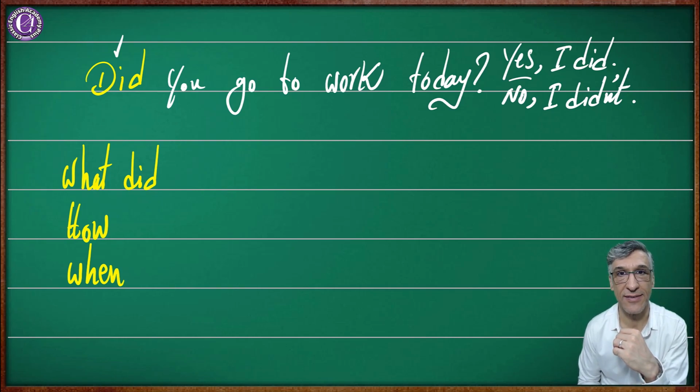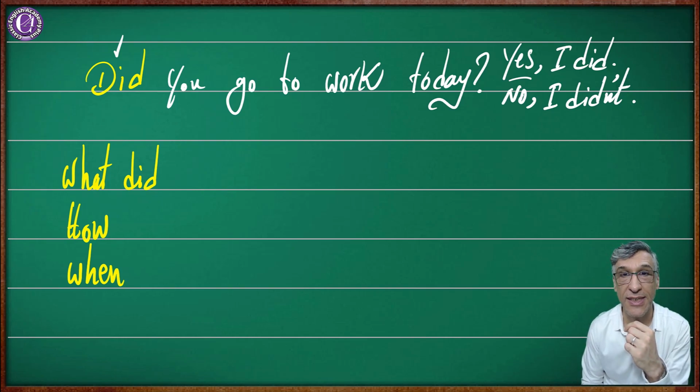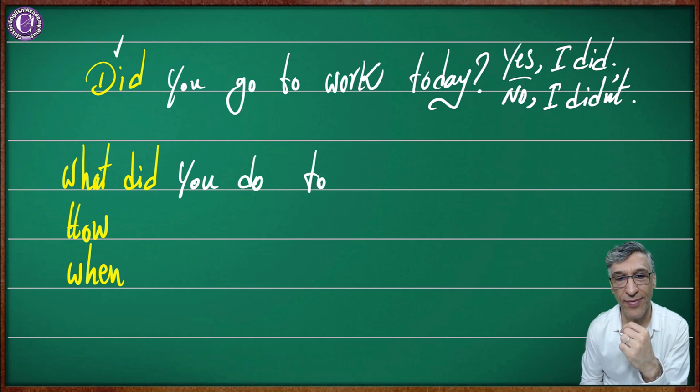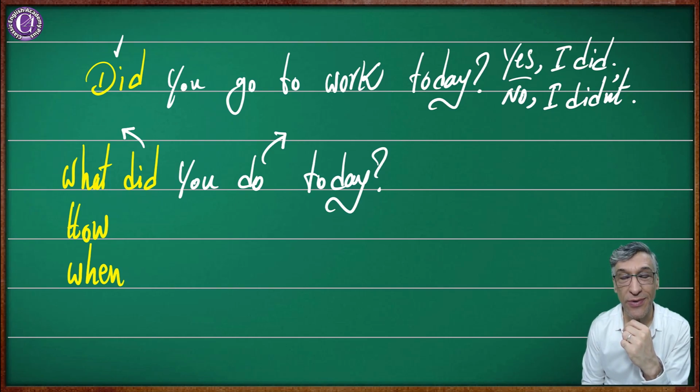What did? Okay, this is very important, this part. What did you do today? Okay, this is the main verb, but this is the helping verb. This is very, very special. Yes, do can come for two things.